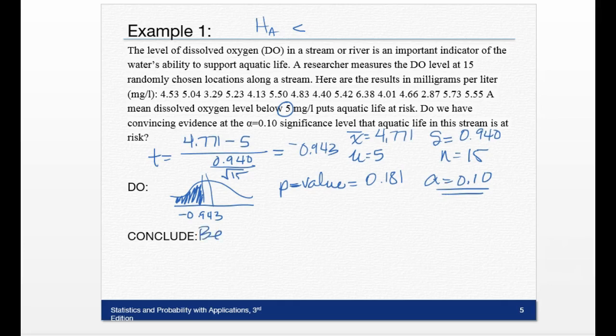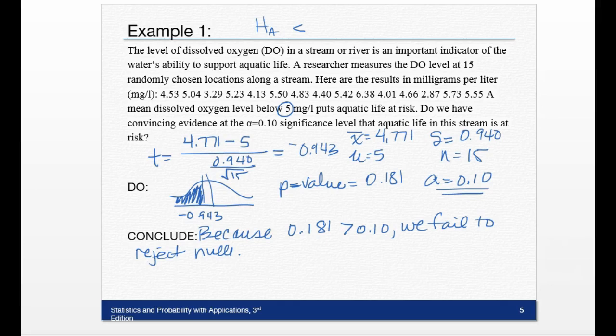So we're going to say because our p-value 0.181 is greater than 0.10, then we fail to reject the null. And if we fail to reject, we do not have evidence.